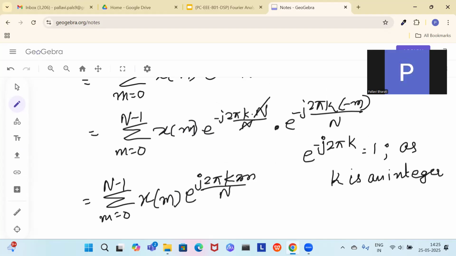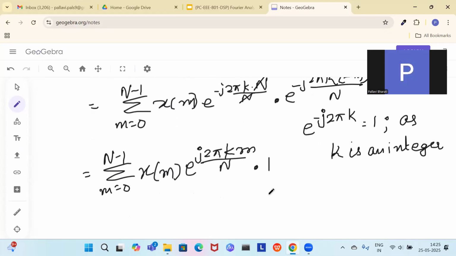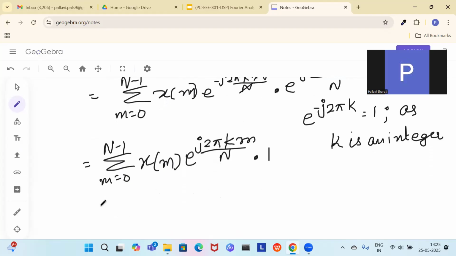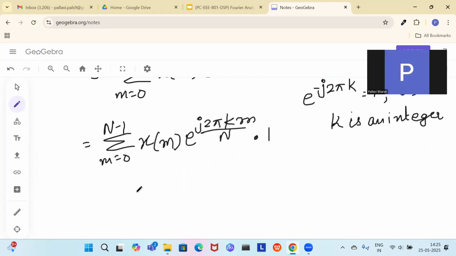Now over here, there is a multiplication by 1. Here you saw that it is written as e to the power minus j 2 pi k. We are writing it as 1. So similarly, we will again re-multiply, but a small difference is there, that m equals 0 to N minus 1 of x of m.